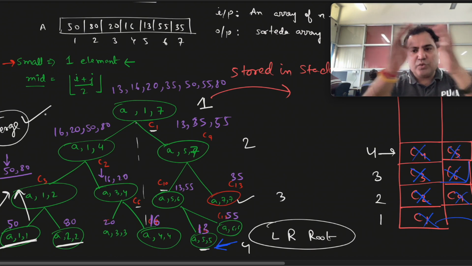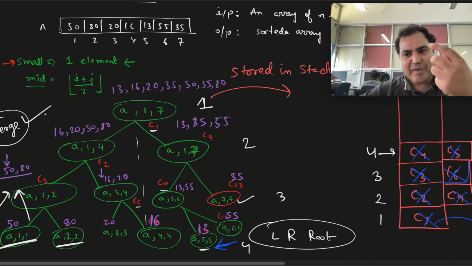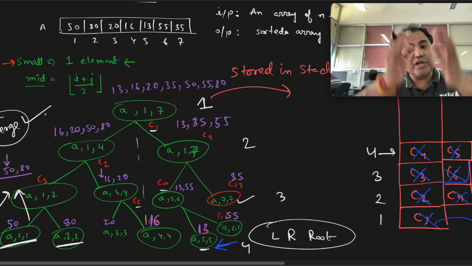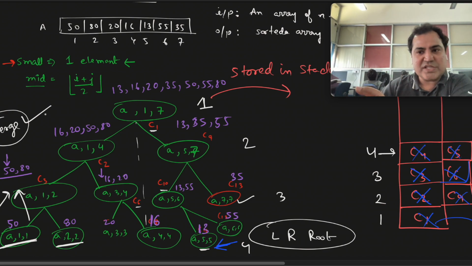First we took an array, divided it into subparts, reached one element, and then saw how it gets stored in the stack and how we get the space complexity of the stack. Now I have shown you how to merge them back. Next we will see how to write an algorithm to merge those elements.